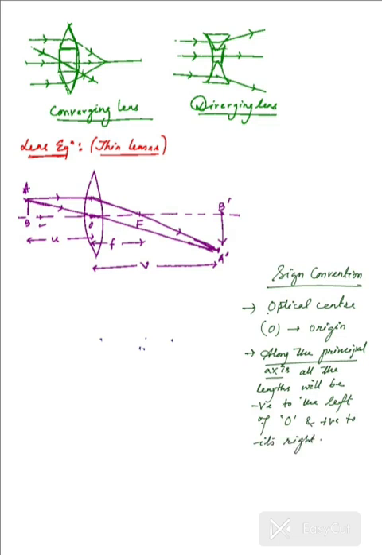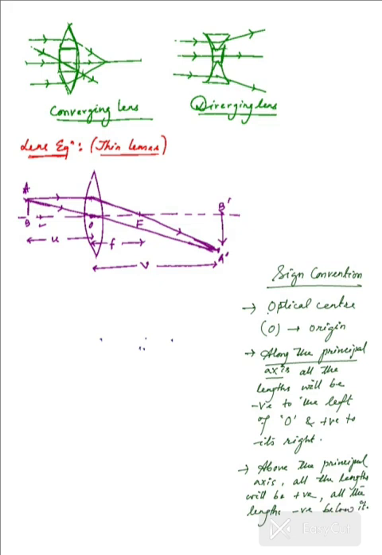Similarly, they will be representing the positive and the negative x-axis. Now similarly, above the principal axis, all the lengths considered vertically will be positive, and just like the case of the negative y-axis below the origin, all the lengths below the principal axis will be negative.